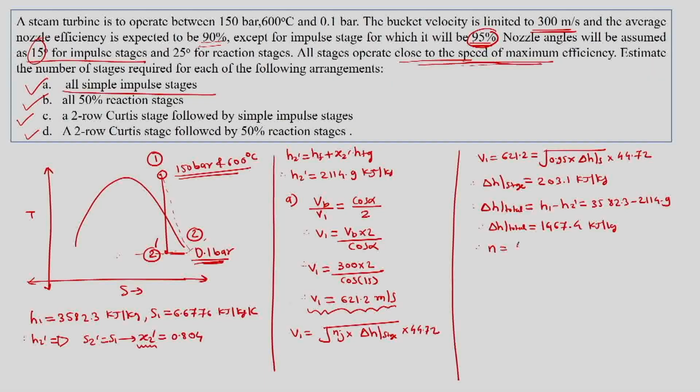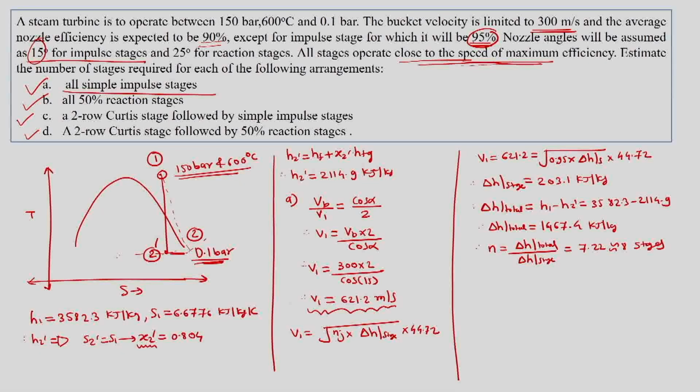So number of stages is equal to delta H total divided by delta H stage, which is 7.22. So we have around 8 stages for the impulse turbine.